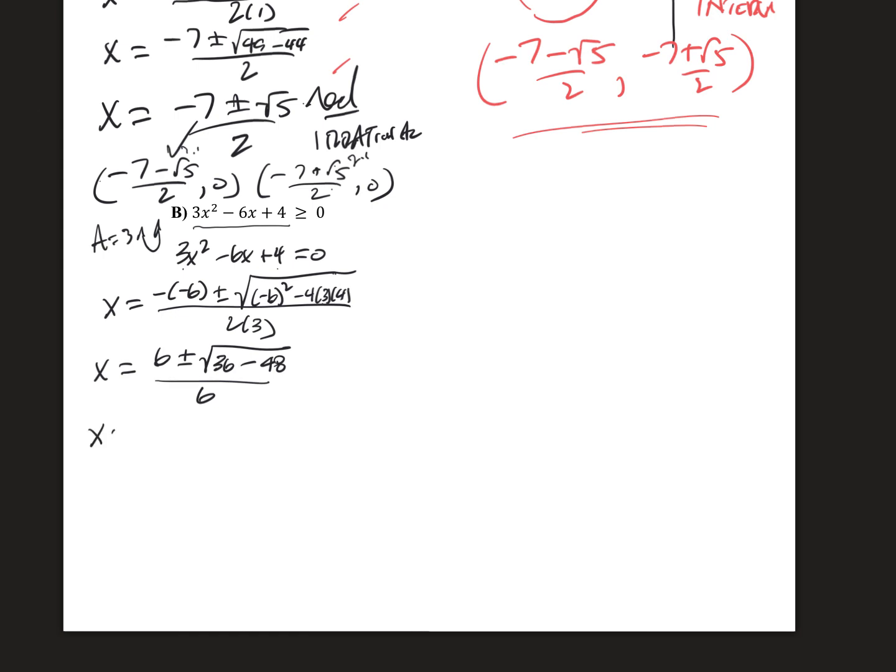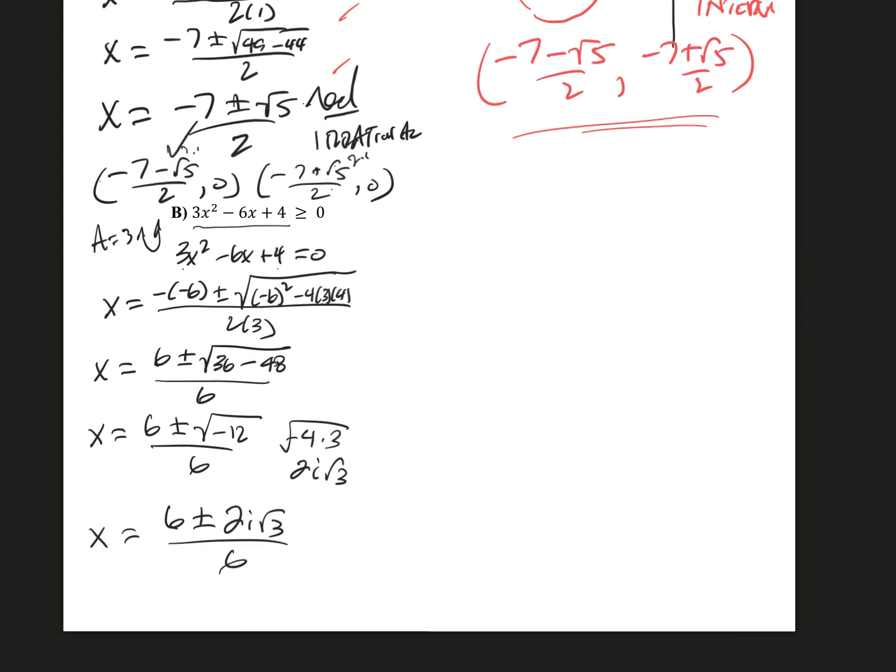Cleaning that up further, we get 6 plus or minus the square root of negative 12, all over 6. Negative 12 is 4 times negative 3, so we're looking at 2i square root of 3. So we have 6 plus or minus 2i square root of 3 over 6.